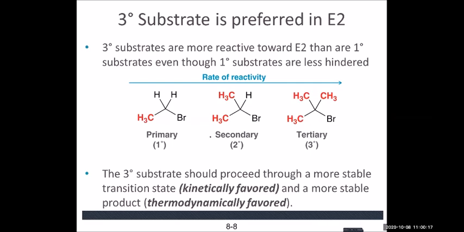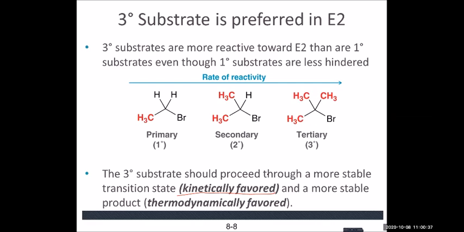And what do we find out? This reaction proceeds through a transition state that has a lower energy when you have a tertiary carbon. A transition state with lower energy means a low activation energy barrier, and that's kinetically favored. Okay, if you remember this.